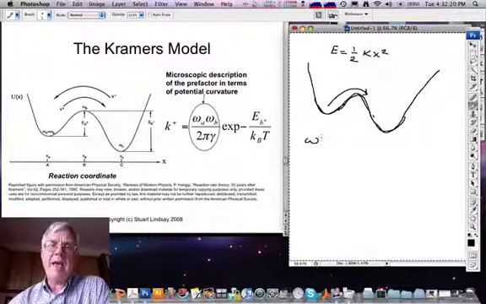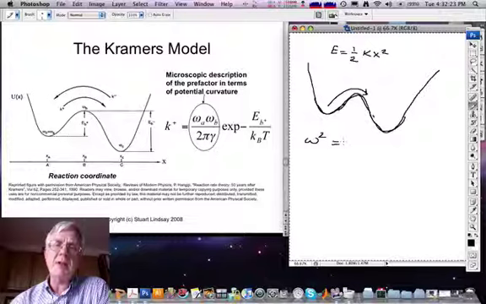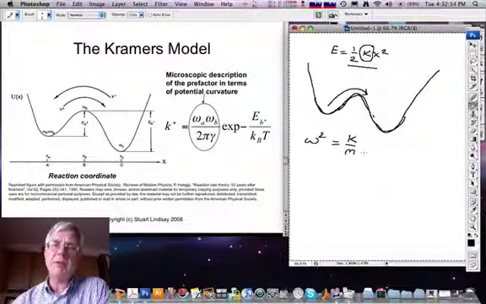Given that the angular frequency of a harmonic oscillator is given by the square root of the spring constant divided by the mass, and notice that the spring constant as it appears in front of this expression is just the second derivative of this potential, we can write down for the curvature of these potentials then that m omega squared is d2E dx squared.